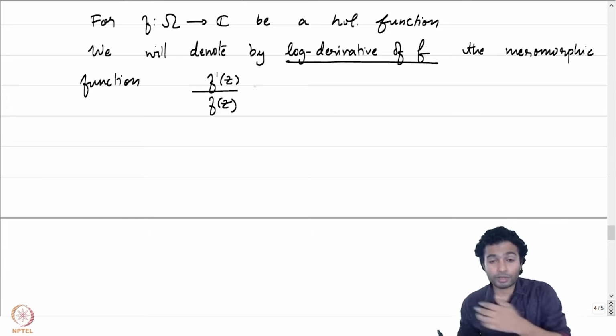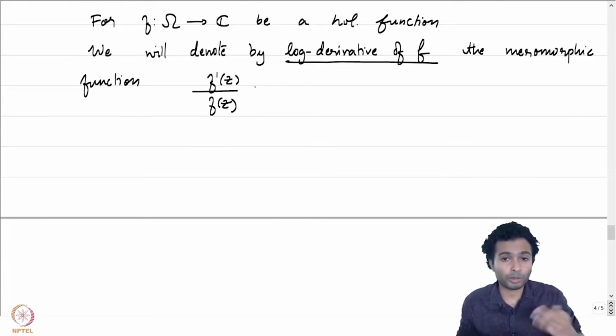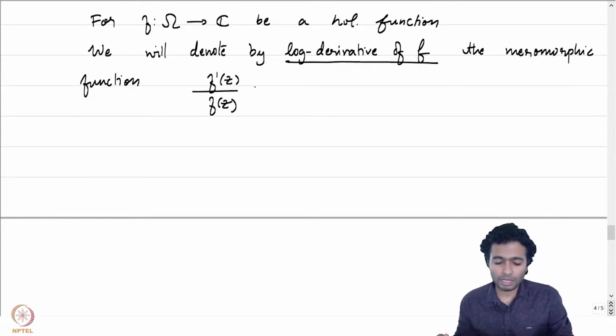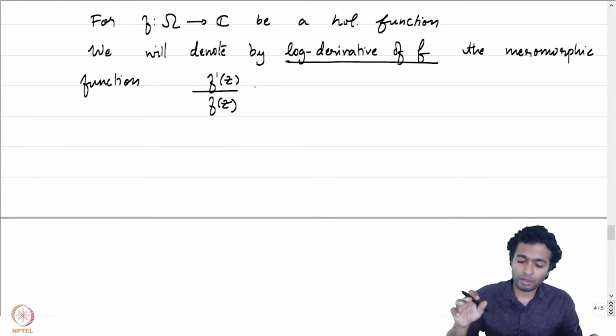So, notice that away from the zeros of f, this makes perfect sense. This is going to be a holomorphic function away from the zeros of f, and because the zeros are discrete, at zeros this is going to have poles, and hence it is a meromorphic function on omega.